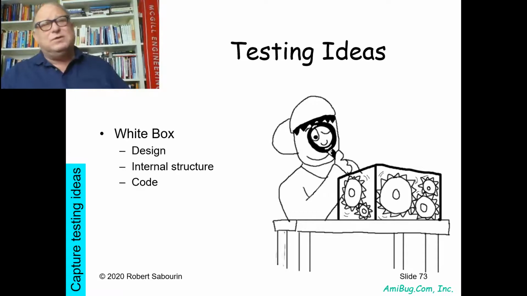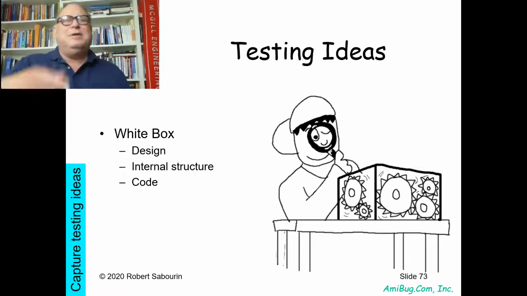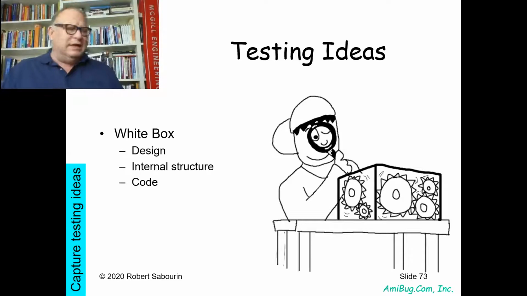So you might look at the code and say, okay, I would like to come up with a set of tests that exercise all the code, or all the decision outcomes of the code, or all the conditions that lead to decision outcomes in the code, or I want to test all of the paths or all of the basis paths. Or if I could turn this code into a directed graph, I might want to write a set of tests that exercise every edge in that graph at least once, or every node in that graph at least once.